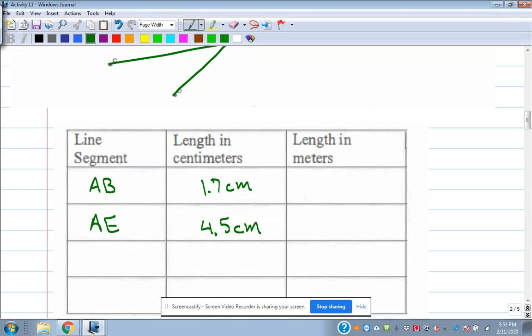A to C. Yeah, I would shoot at 4.3 because it's past 4.2. So yeah, A to C, I got 4.3.